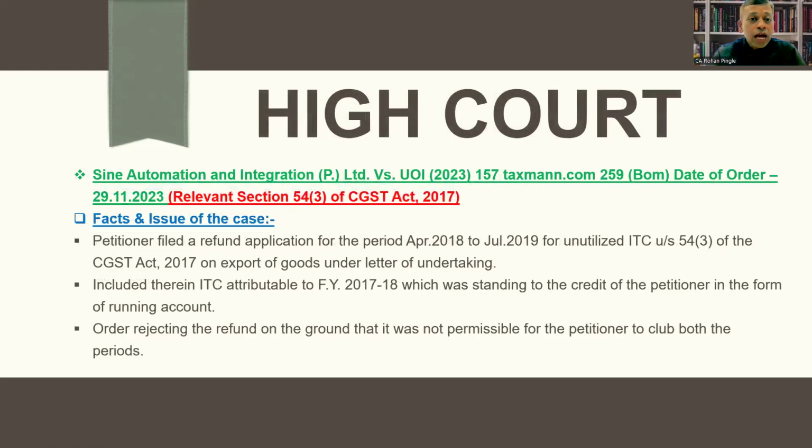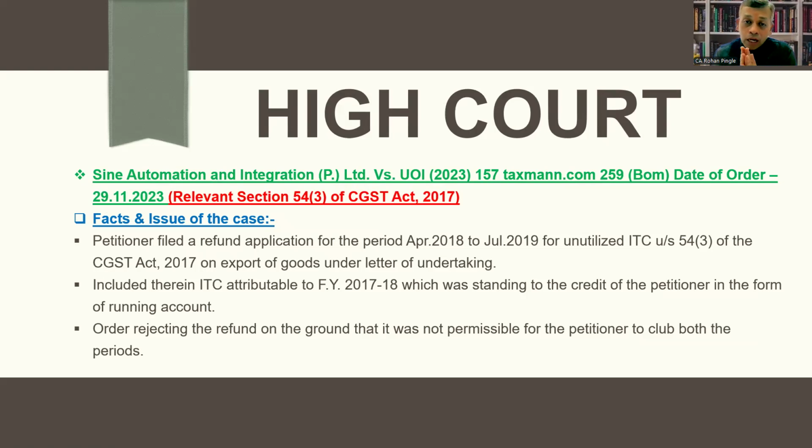Next. Sign Automation and Integration Private Limited versus Union of India, 2023 157 taxman.com 259, Bombay High Court. Date of order is 29th November 2023 and relevant section is section 54 subsection 3 of CGST Act 2017. Let's understand facts and issue of the case.